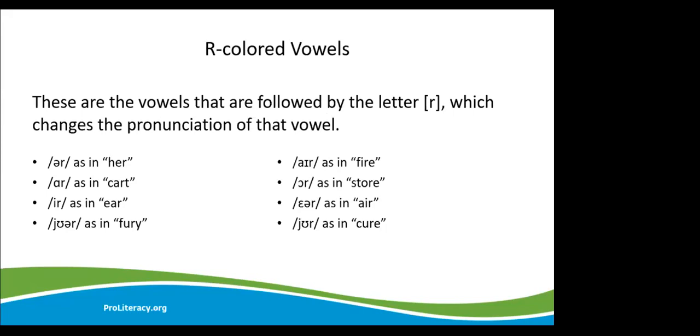I realize that those of you from Boston have no idea what I'm talking about because you don't use the R-colored vowels with any of your pronunciation. But trust me, it's there for the rest of us.